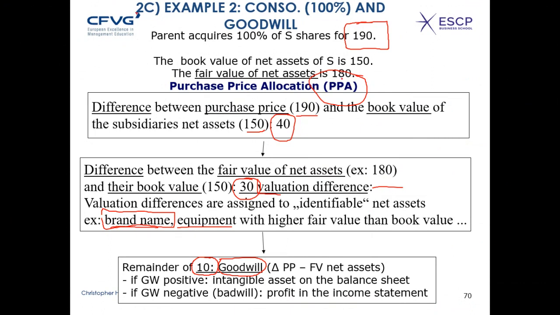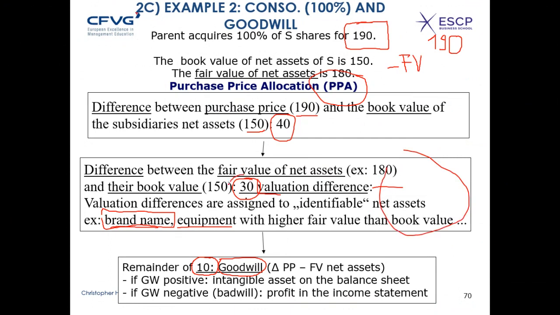Okay, so that's one way of doing this. A second way of calculating goodwill is to say I take the purchase price, which is 190, and I deduct the fair value of the subsidiary. What is the fair value of the subsidiary? Well, it's the book value plus or minus all the valuation differences.